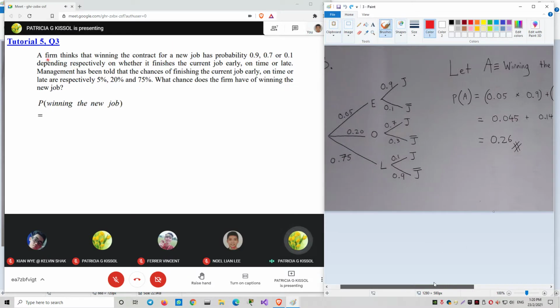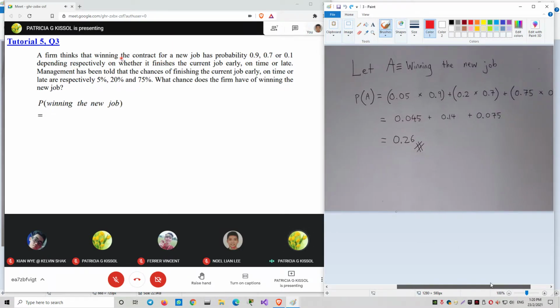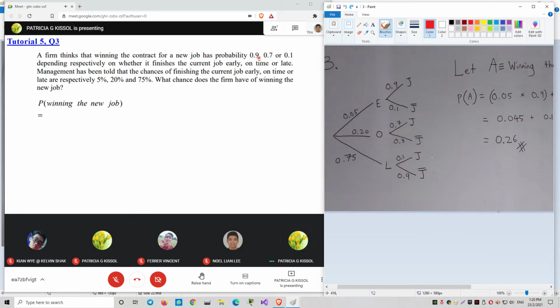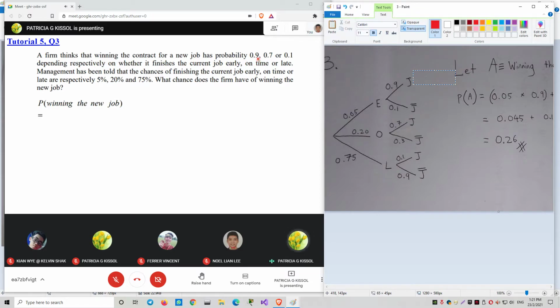Now checking back on the information, for a firm to win a contract of a new job, the probabilities of finishing the job early, on time or late are 0.9, 0.7, or 0.1.